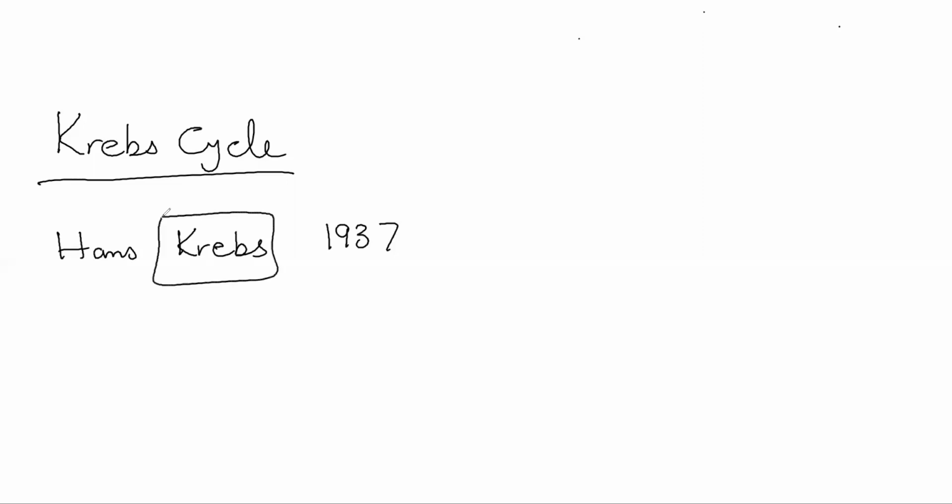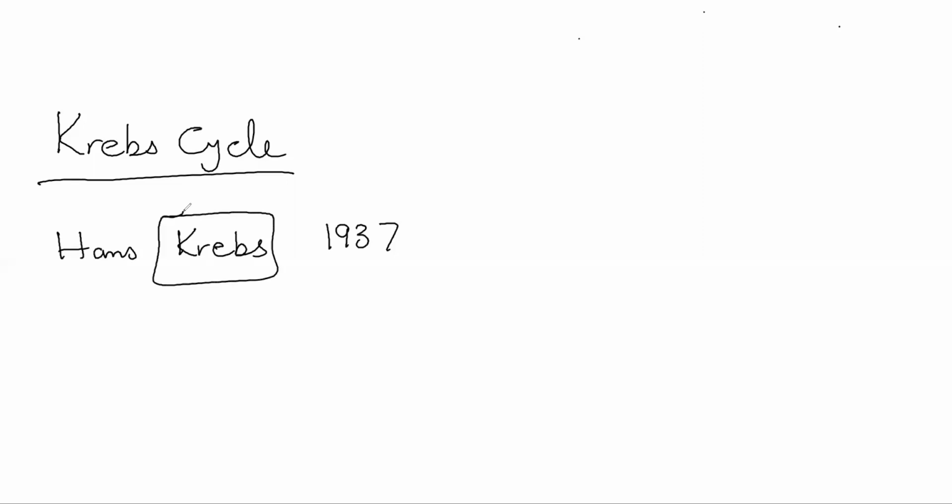Basically, there was a scientist whose name was Hans Krebs. He was the person who discovered this cycle in 1937. That's why it's named after the scientist, the Krebs cycle.